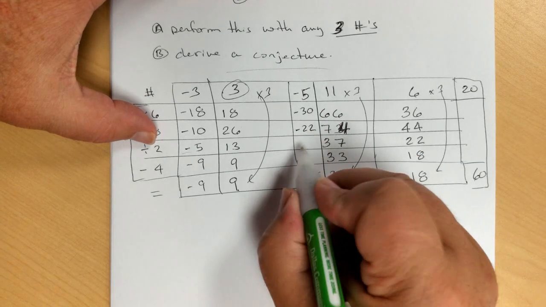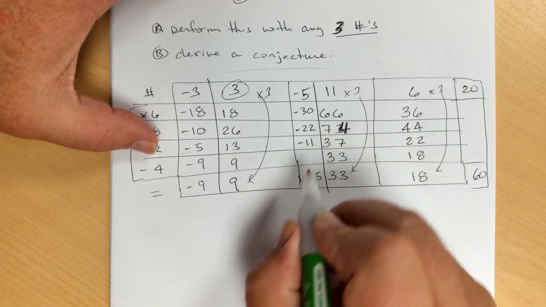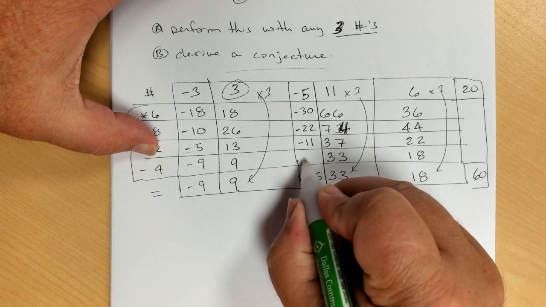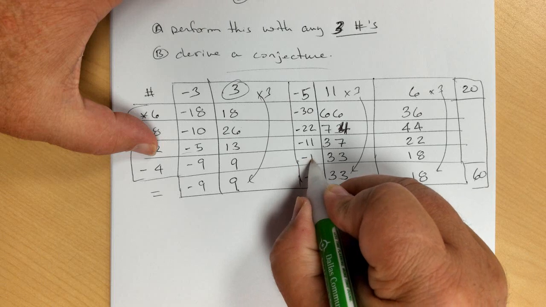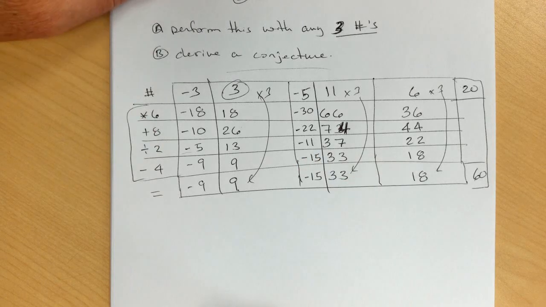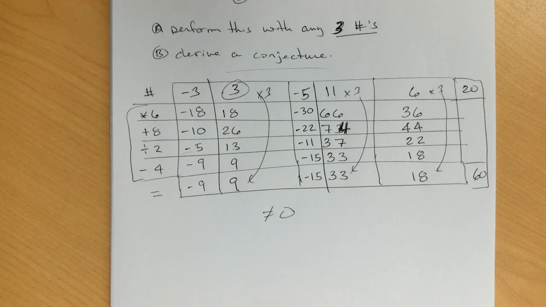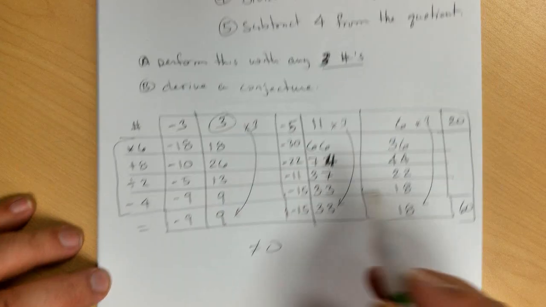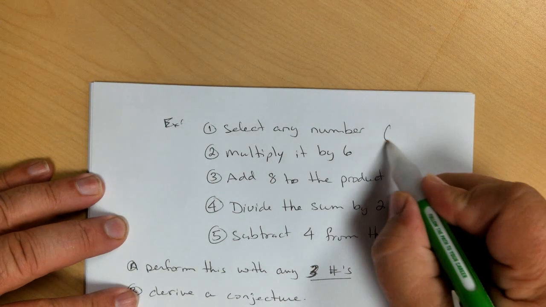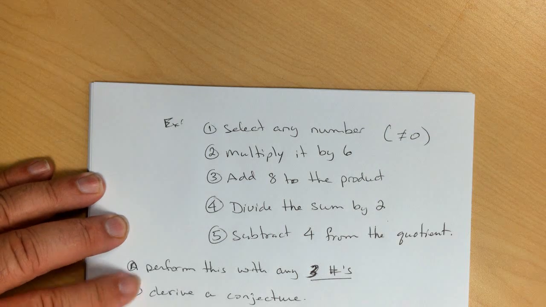Negative 22 divided by 2, negative 11 minus 4. So it does work. It's just you can't do 0. Very good. I'm glad you asked that. We can use positive and negative, when it says pick any number except 0.